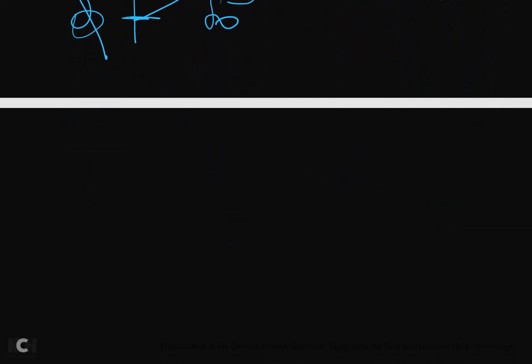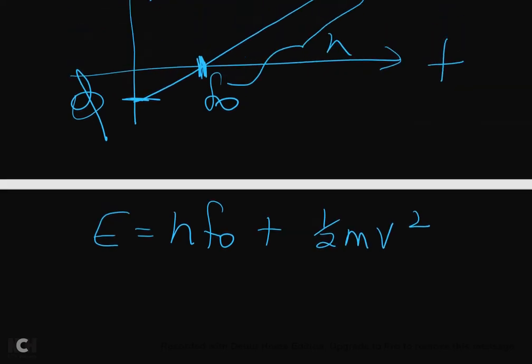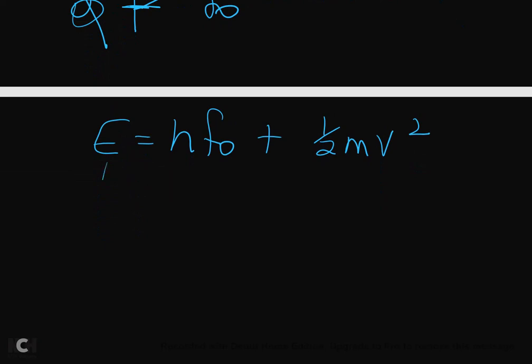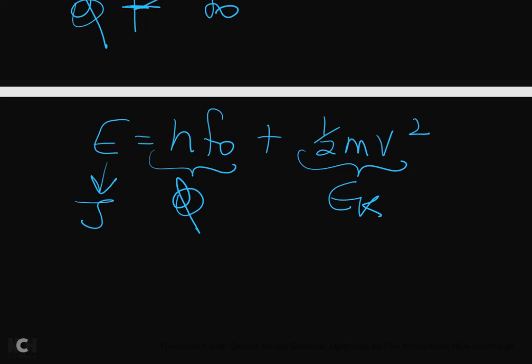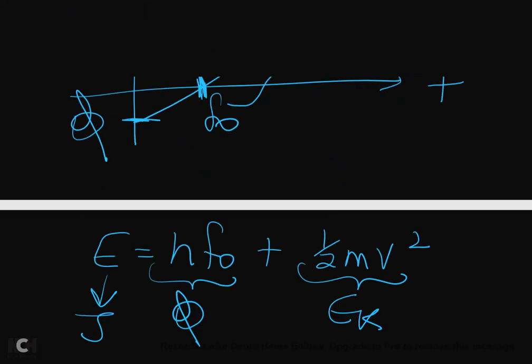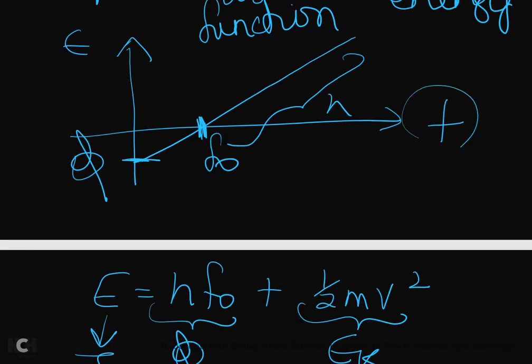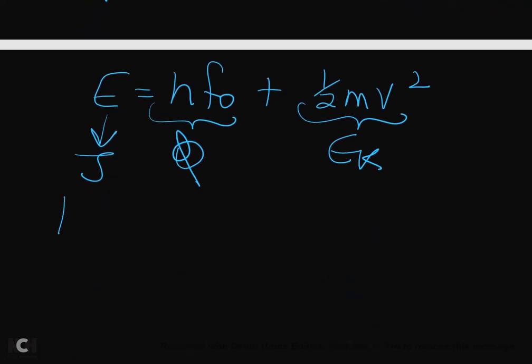So if I'm plotting a graph of energy, hf equals hf0 plus a half mv squared, right? Then here, you can look at this as the energy in joules, you could look at this as phi, and you could look at this as the kinetic energy. Now, if I wanted to plot this graph here, I'm going to express E in terms of hf.